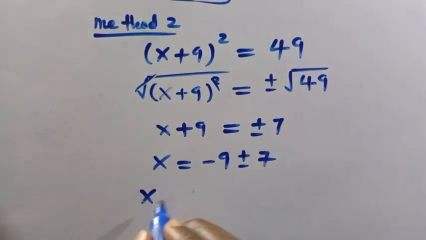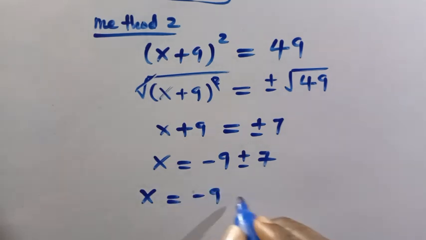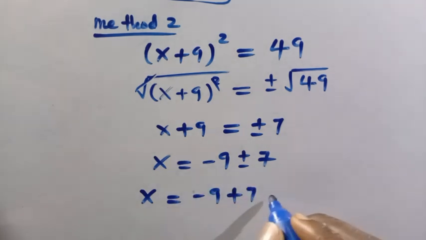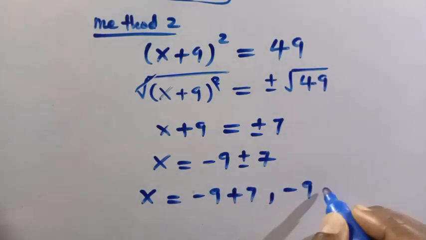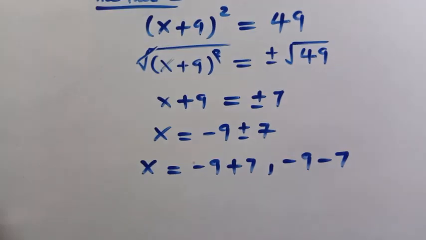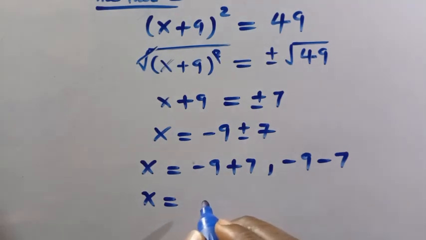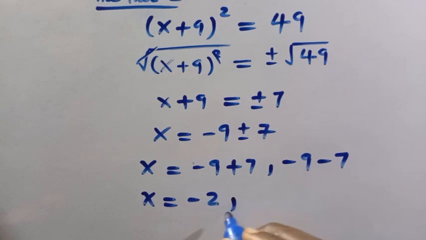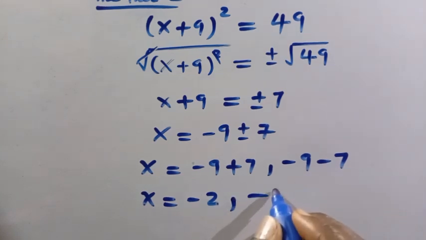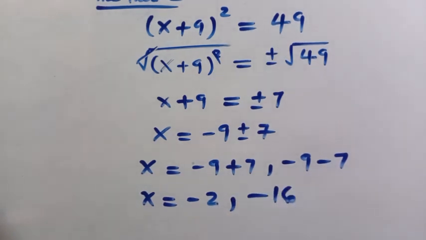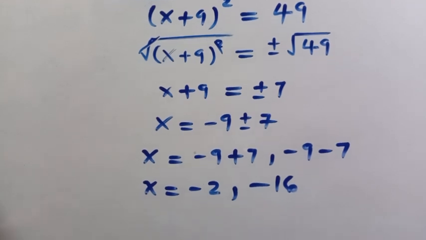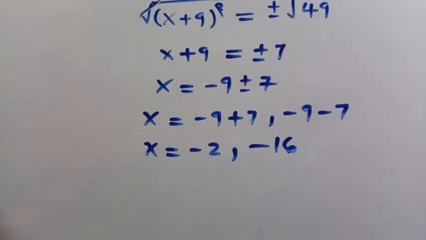So we consider this as -9 + 7, or -9 - 7. Therefore, the value of x equals -9 + 7, and that gives us -2, and here is -16. So we get the same thing as the first method. So this is how we can solve this using two different methods.